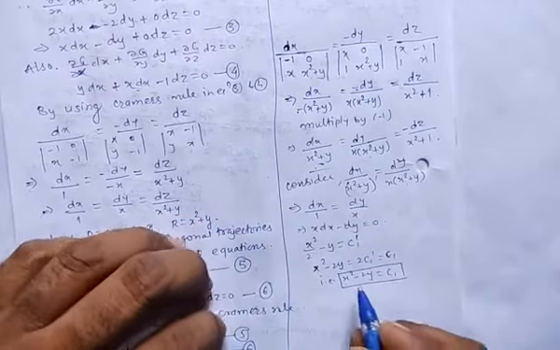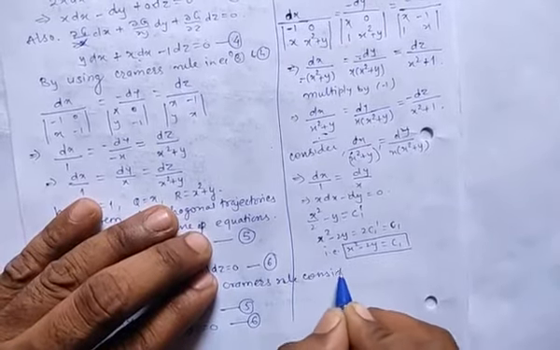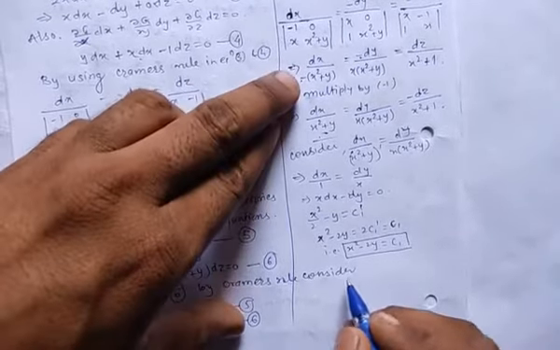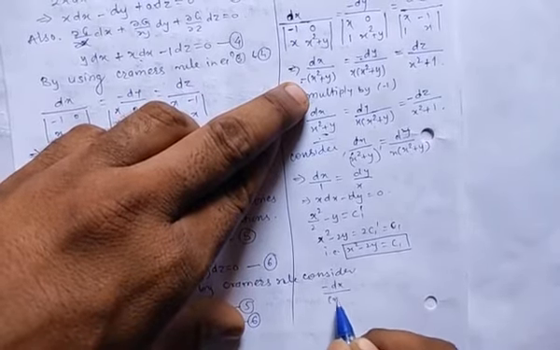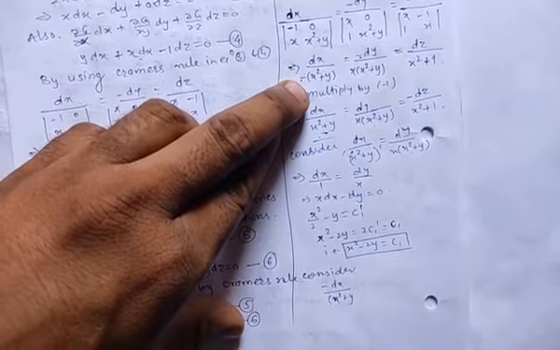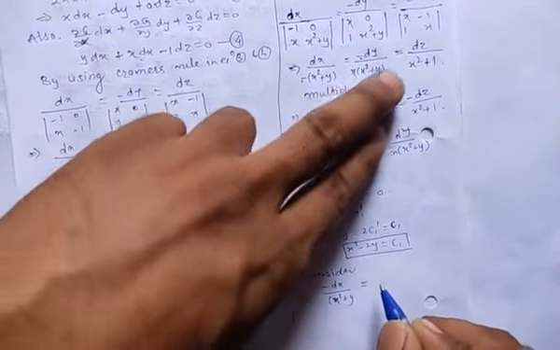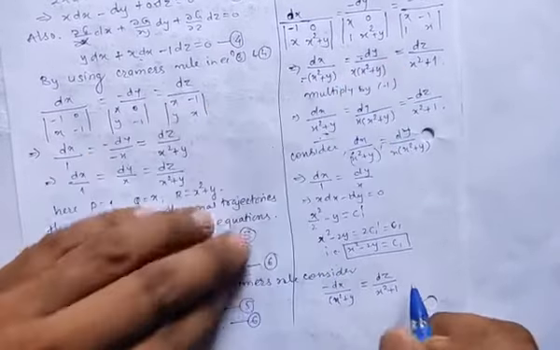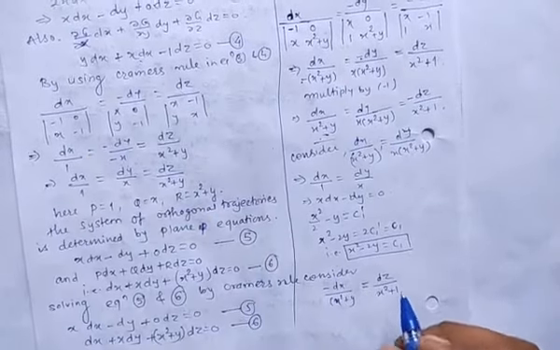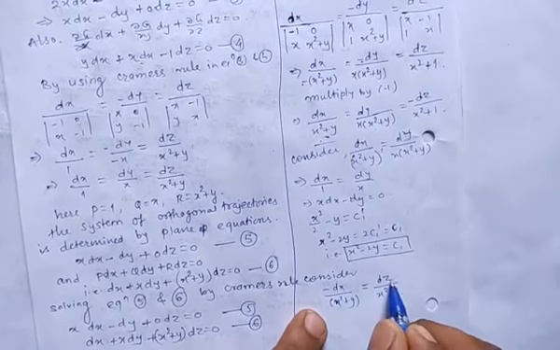Now consider the first and last ratio, which is minus dx upon x square plus y, and the last is dz upon x square plus 1. So this is a derivative with respect to x, and this is a derivative with respect to z.